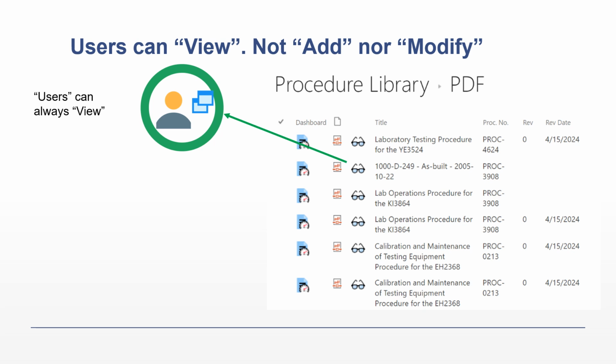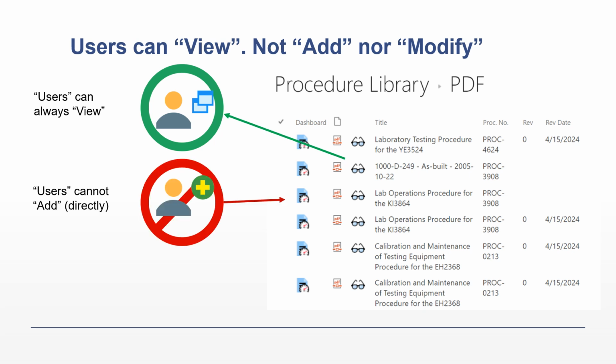Generally speaking, users can always view procedures. Who the users are and which procedures they can view is also important. But the point of this slide is that view access is very broad. Even though we permit broad-based view access to the procedures, we do not allow users to directly add new procedures to the procedure library.